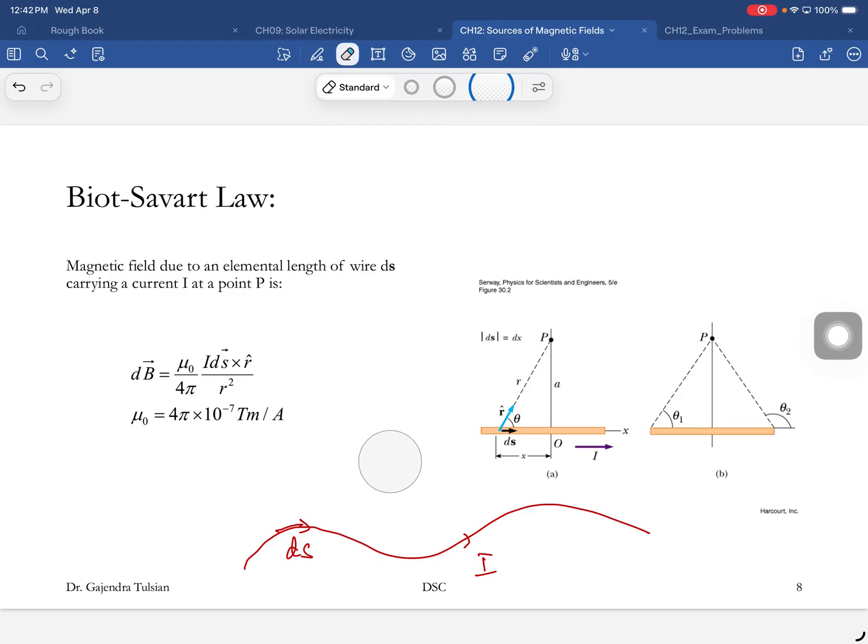Remember, fields coming out are indicated like that. So the field is coming out of the sheet, and this will be dB. Now, if you want to find the field due to the entire current, all you have to do is integrate that.